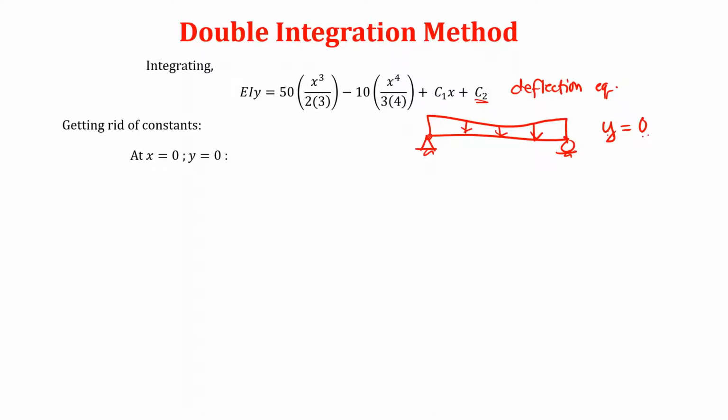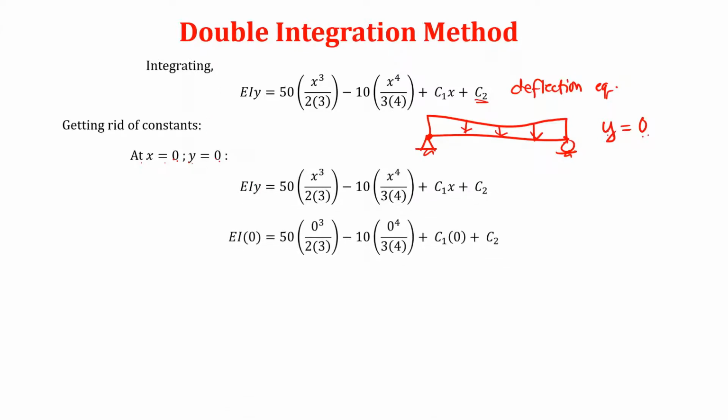So when x is 0, at the very beginning, there is no displacement, therefore y is 0. Let's go back to the deflection equation and substitute. If y is 0 and x is 0, the terms cancel, so C2 is just 0.